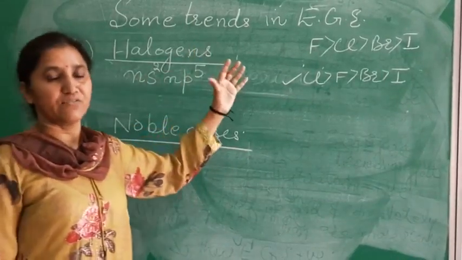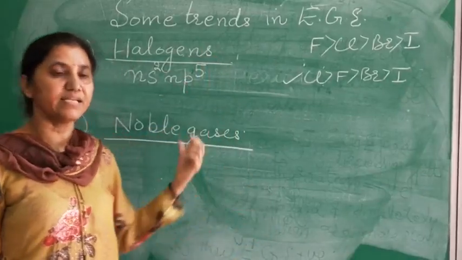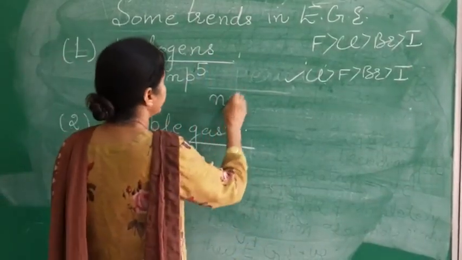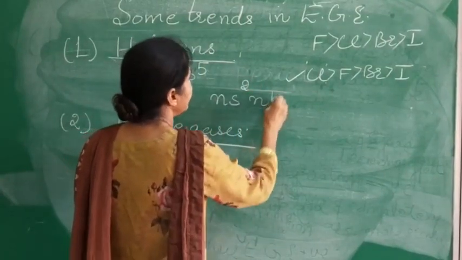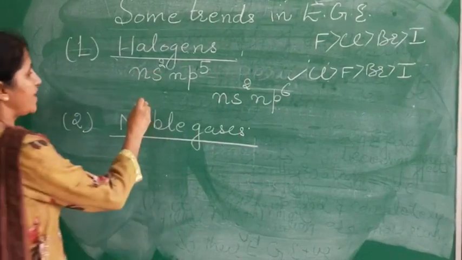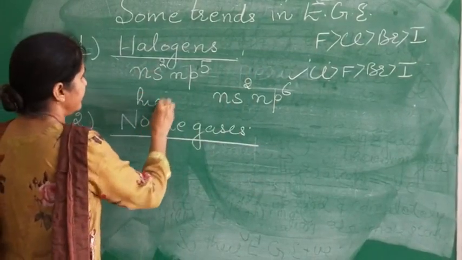So they have a strong attraction for the incoming electron to have noble gas configuration, that is ns2np6. So the electron gain enthalpy of halogen is highly negative.